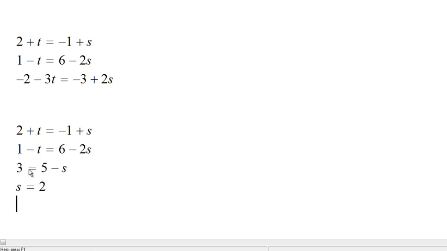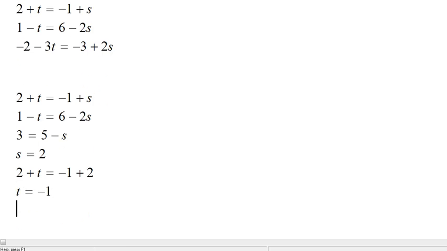And once we get s equals 2, we can use any of these two equations that we have taken up, and then just write s equals 2 in here, and what we get is t equals -1.